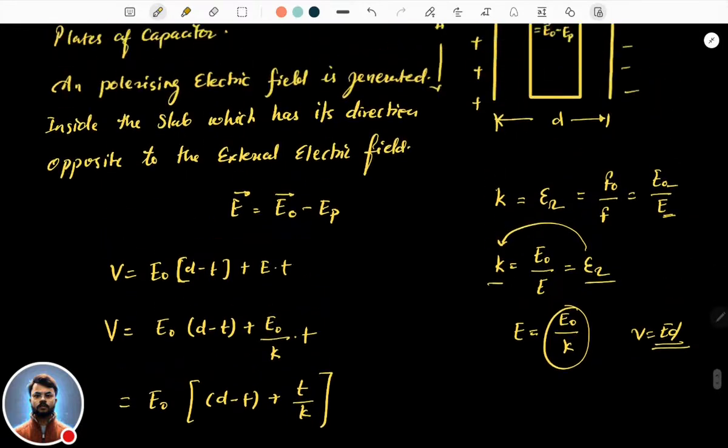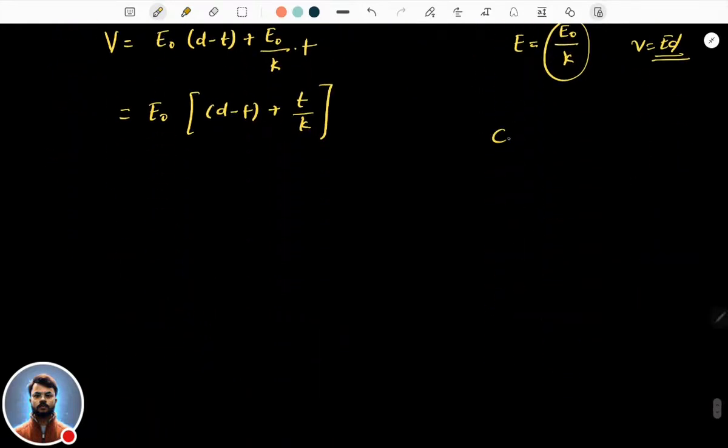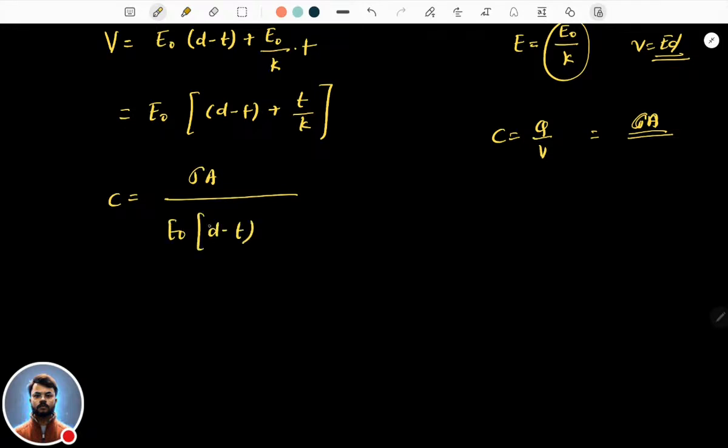Now put the value of V in the formula C is equal to Q over V, and Q is equal to sigma A, where sigma is the surface charge density. So C is equal to sigma A over V, where V is E naught into D minus T plus T upon K. What is the value of E naught? The electric field between the plates is sigma upon epsilon naught.